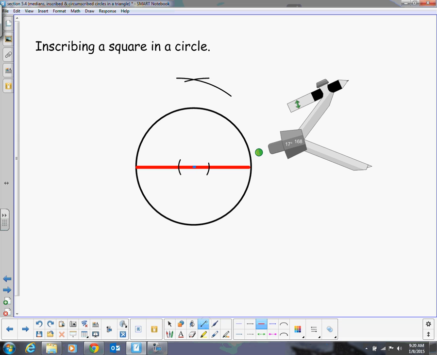So now I'm going to draw a segment from here through that point, and it should intersect till I reach the other side. So now our square is going to be found by literally connecting these 4 points.